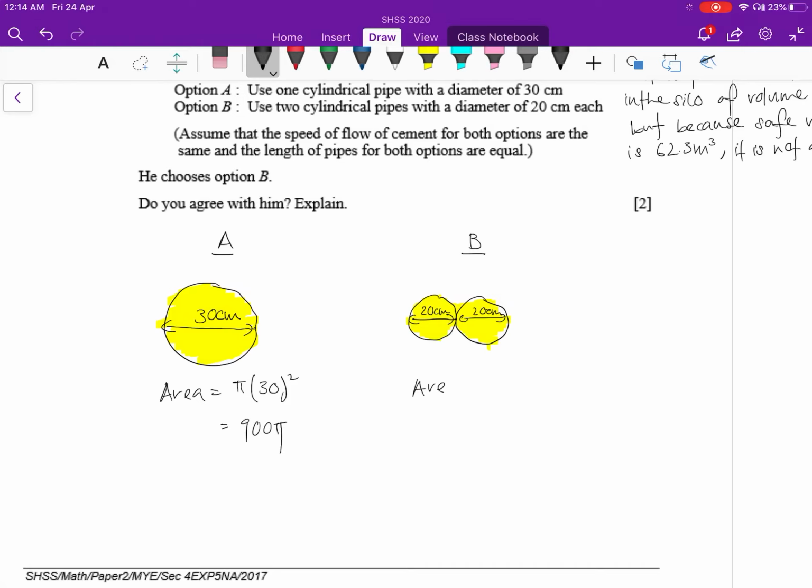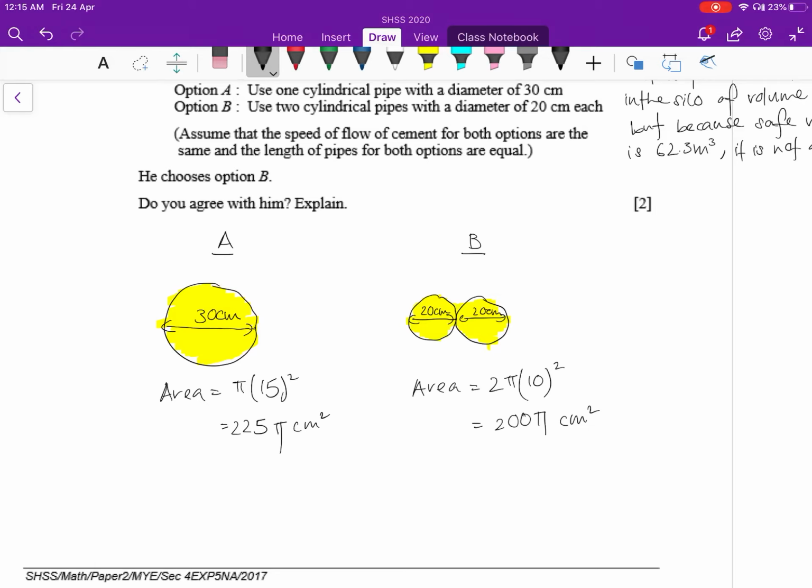This area is 2 times π, radius is 15. I made a mistake. R squared, so 15 squared is 225, 225π. 2πr², which is 10 squared, 10 squared is 100, so it's 200. Total is 200π cm².